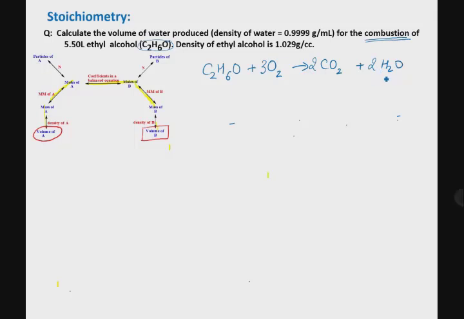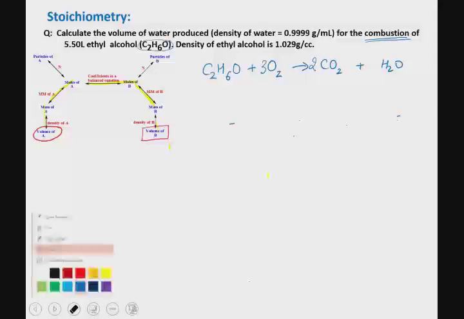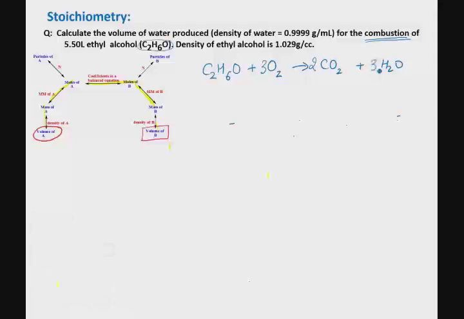Oops, excuse me, it's not 2 H2Os, it should be 3 H2Os, so that you have 6 hydrogens on both sides, and then we have 7 oxygens, 2 times 2, 4. Yes, so we've got the balanced equation.